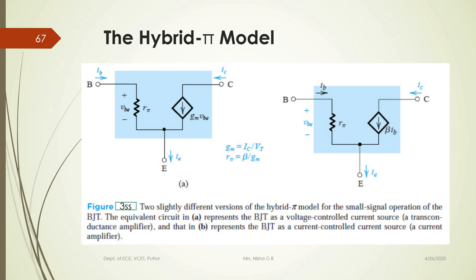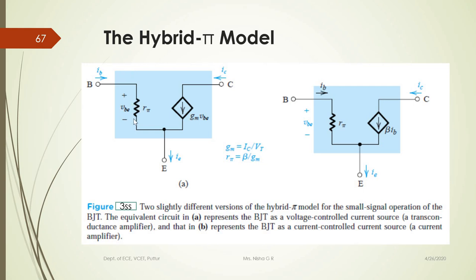Okay, so this hybrid pi model is a linearized two-port network. As you can see in the figure, it is a two-port network approximation to the BJT using a small signal.